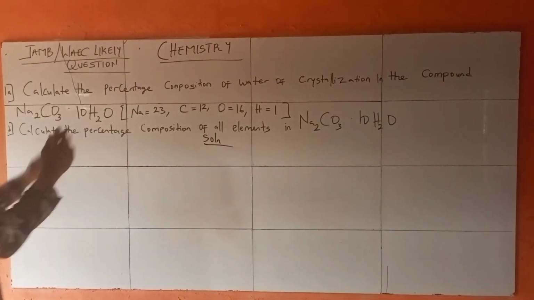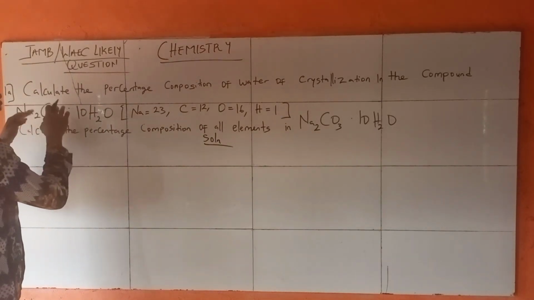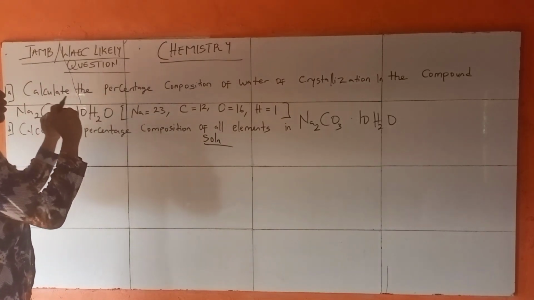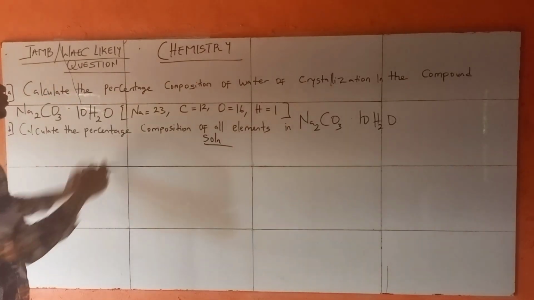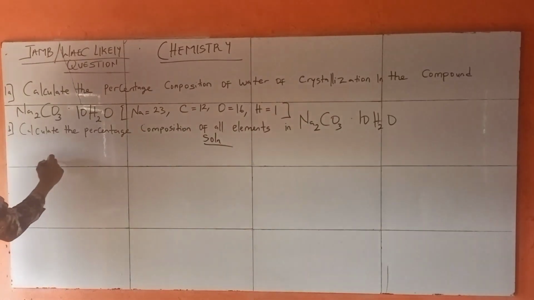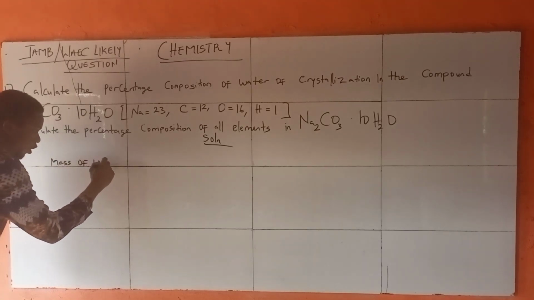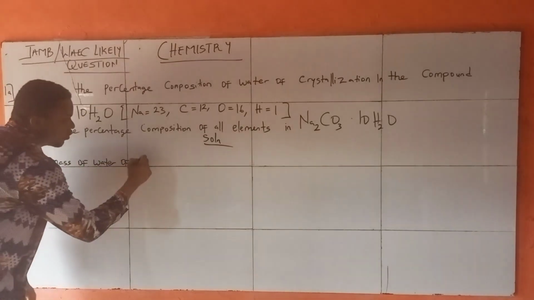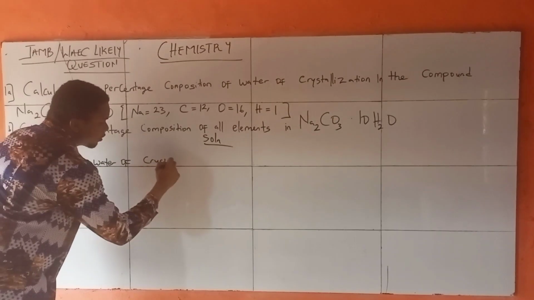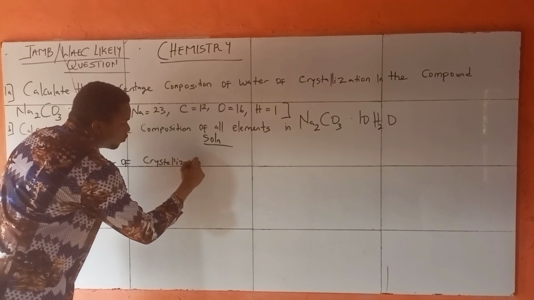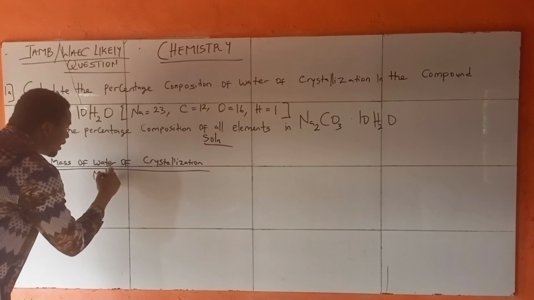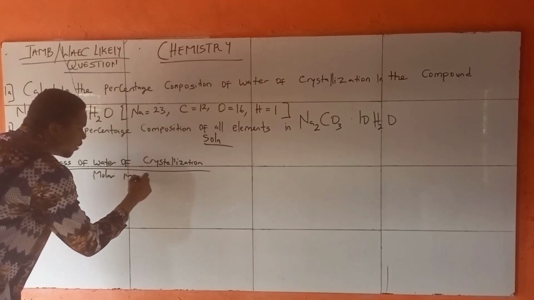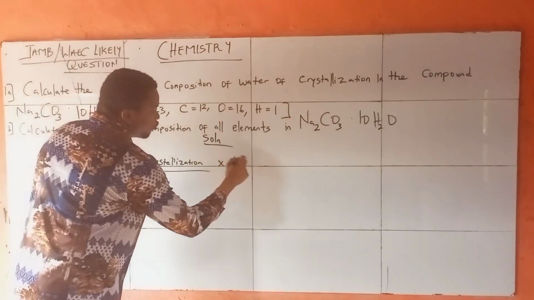Before we go deep into it, let's first and foremost understand the formula for solving this. The question says calculate the percentage composition of water of crystallization. So to get water of crystallization, we say mass of water of crystallization over molar mass times 100 over 1.